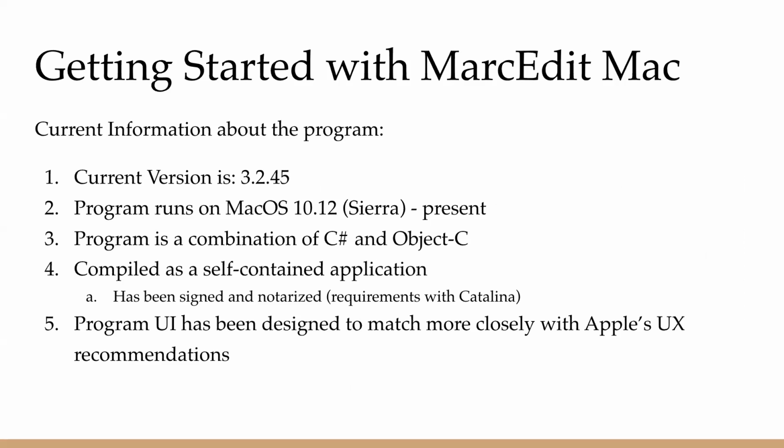The program runs on a minimum of 10.12 on the macOS, so that's Sierra, up to the present. So this is actually an older version of the Mac system than Apple would prefer. As a developer, I have an Apple developer key, even though I don't use the App Store.